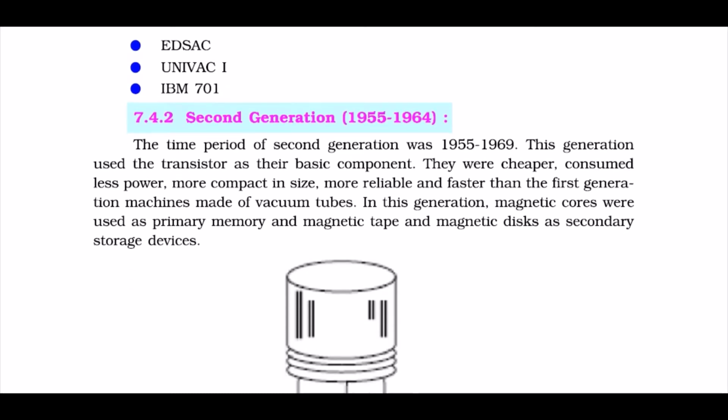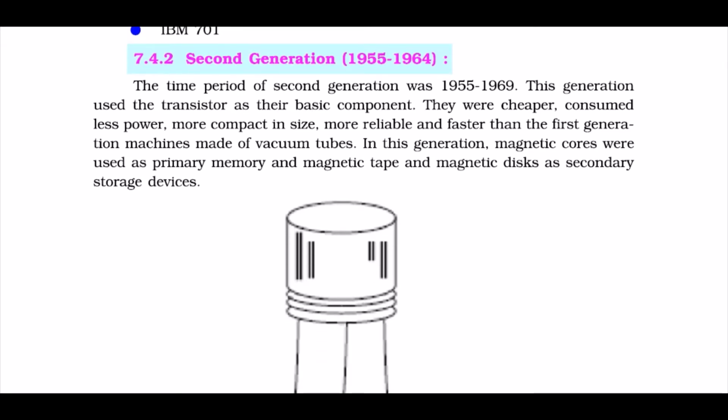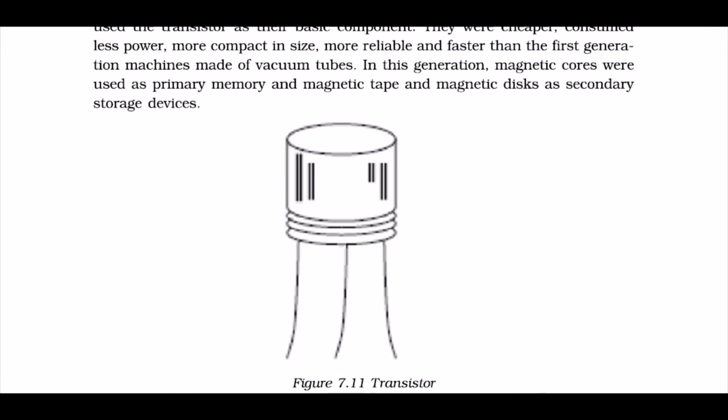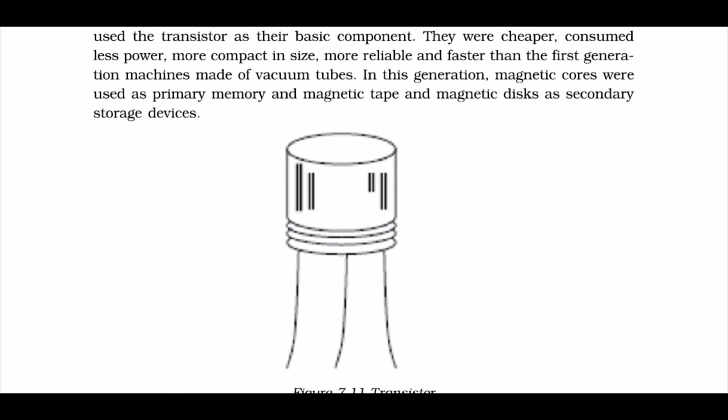Second generation, from 1955 to 1964. This generation used transistors. In the earlier generation it was vacuum tubes; now we have transistors. This is a transistor. They were cheaper, consumed less power, were more compact in size, more reliable and faster than first generation machines made of vacuum tubes.